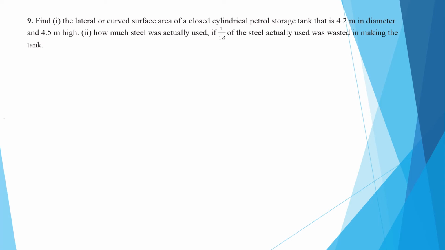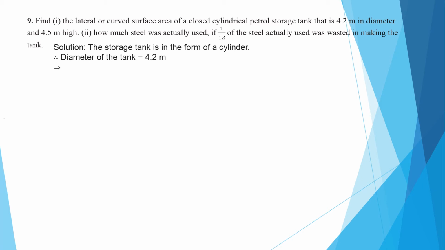Question is clear, means how much steel is used, and before that we need to find the lateral surface area or the curved surface area. Let's begin the solution. First of all, we will write what is given in the question. The storage tank is in the form of a cylinder and the diameter is given 4.2 meter.